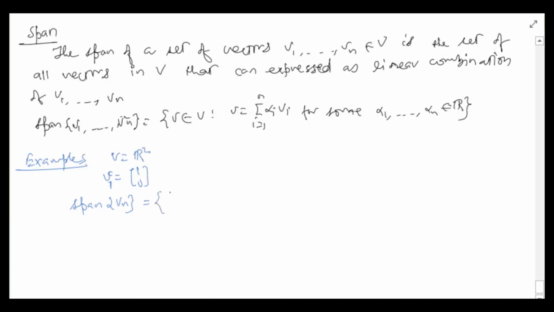Span of V1 is the collection of all vectors of the form alpha times 1, 0, where alpha is a real number. In other words, this is the collection of all vectors of the form alpha, 0, where alpha is a real number.